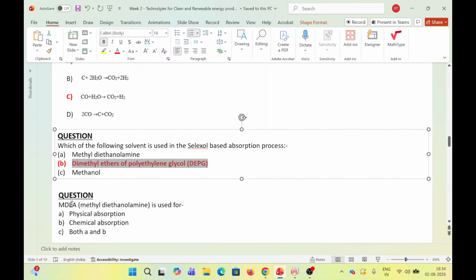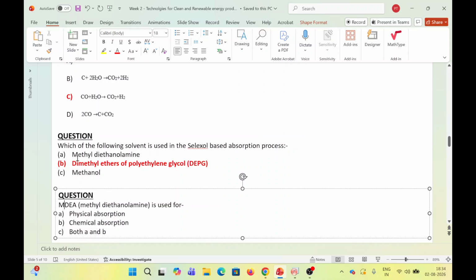For the time being, next question. It is written: MDEA, methyl diethanol amine, is used for physical absorption, chemical absorption, or both A and B. The solvent that you see here is methyl diethanol amine. In any absorption process, there are two types: physical absorption and chemical absorption. Now this methyl diethanol amine is going to follow which one?